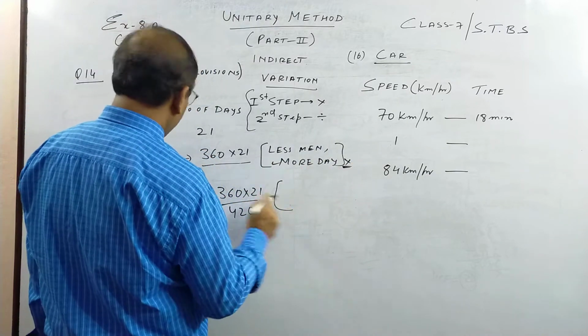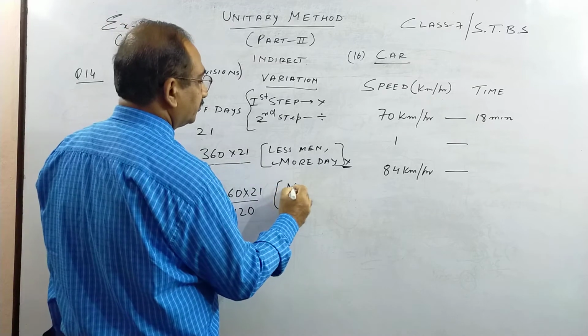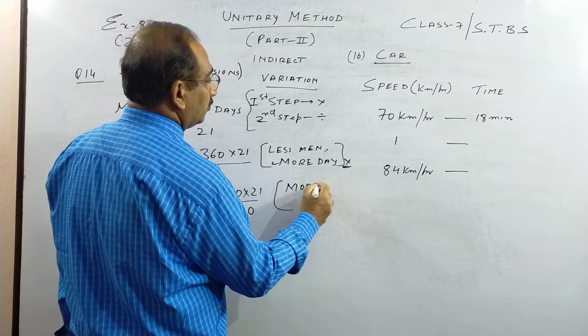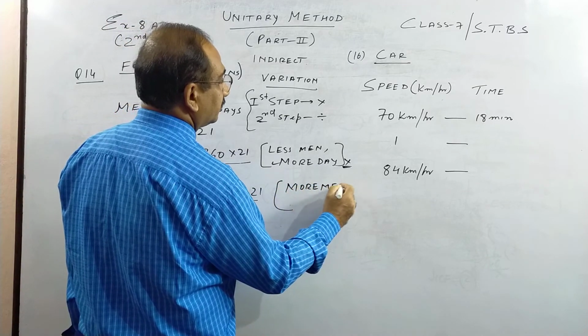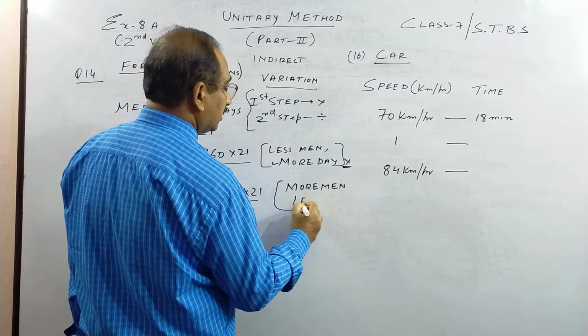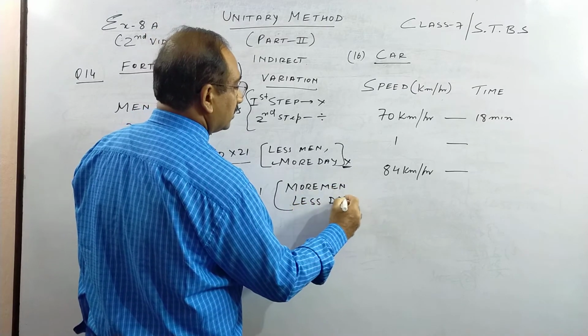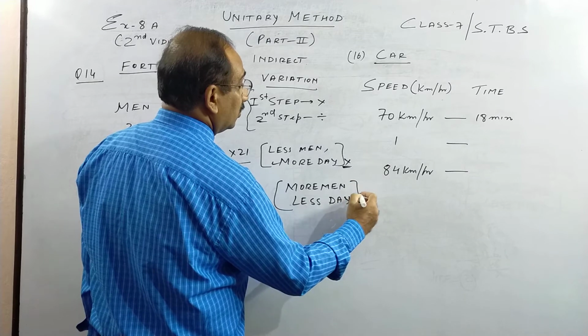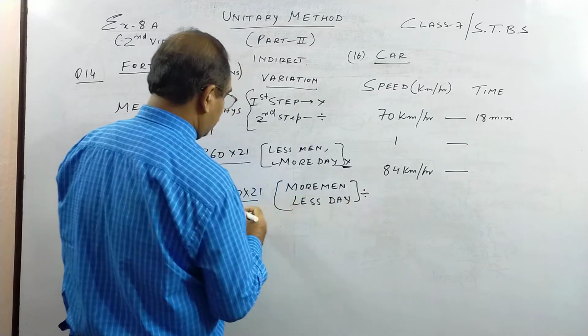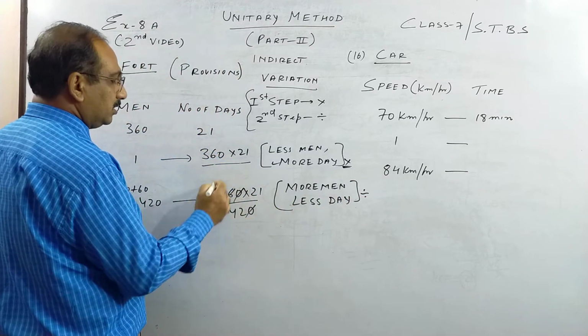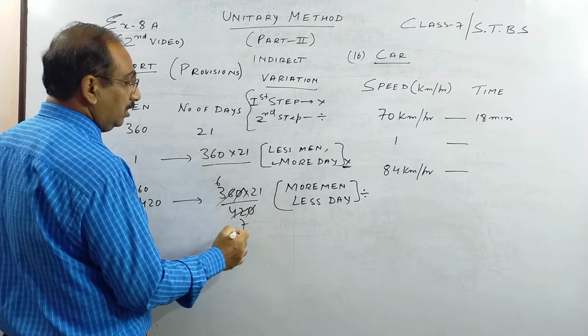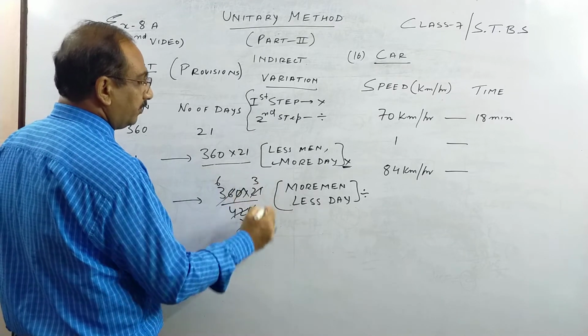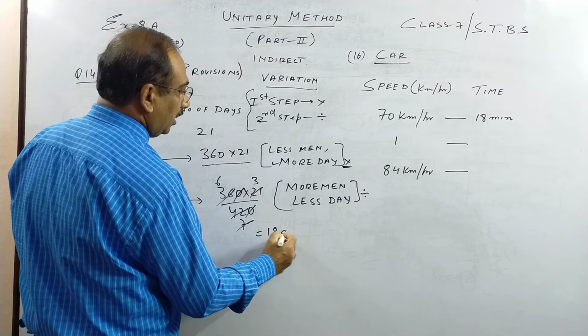Now next, more men. 60 more men come. More men, less number of days. Okay, so this is your division. Now you cancel, it's quite easy. 6 6s are 36, 6 7s are 42, 7 3s are 21. So the food will last for 18 days only.